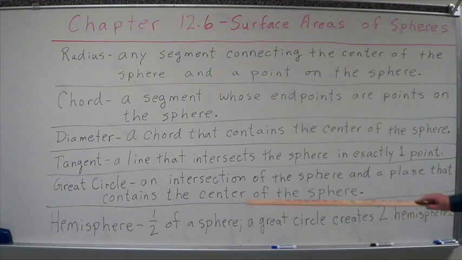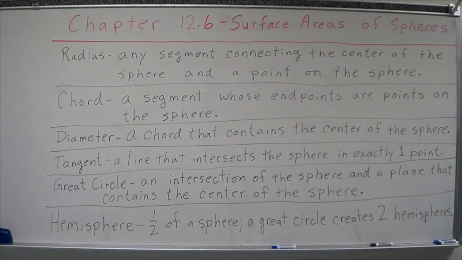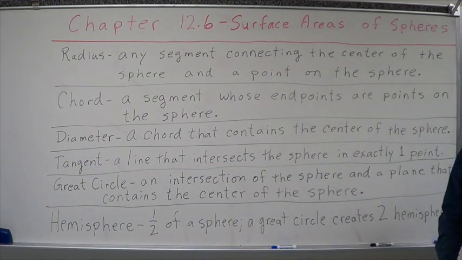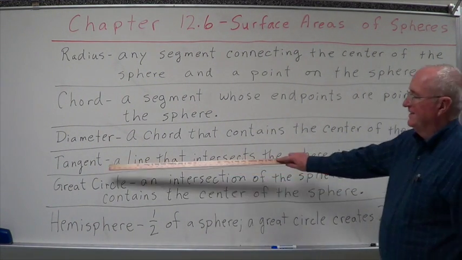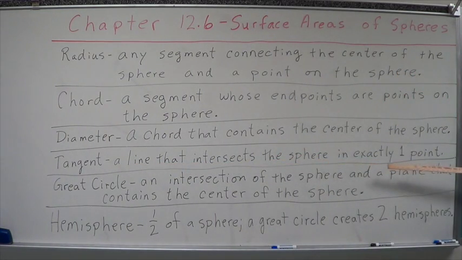Well, guess what? Diameter of a sphere is a chord that contains the center of the sphere. Tangent. Remember what a tangent of a circle was? A line that intersects a circle at only one point. Guess what? Tangent of a sphere is a line that intersects that sphere in exactly one point.